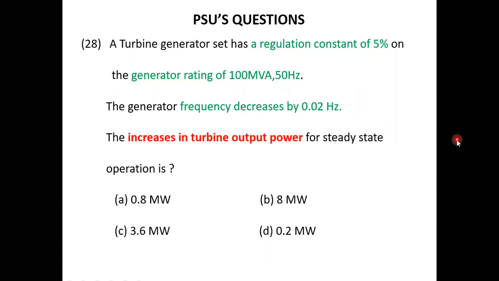All of you try to understand this problem because it is entirely different when compared to your previous problems.